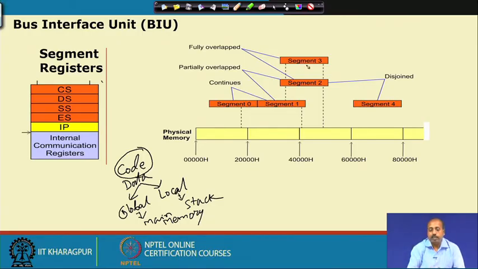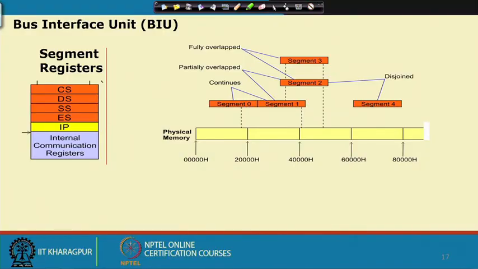That way we can think of the memory as organized into a number of segments. The code may be located in segment 0, data in segment 3, and the stack in segment 4. So, we can control in which portion of memory each part of the program will be loaded.